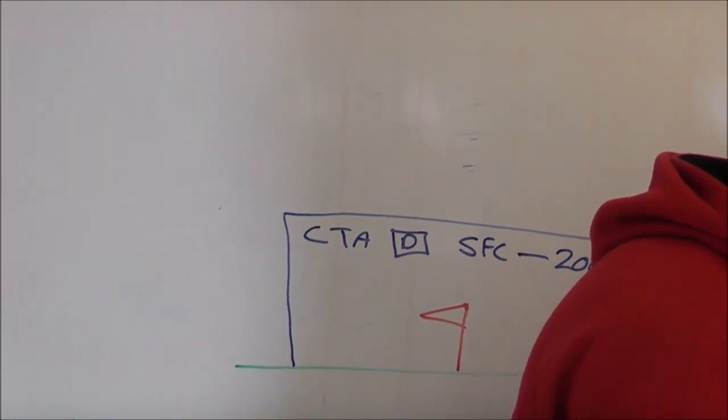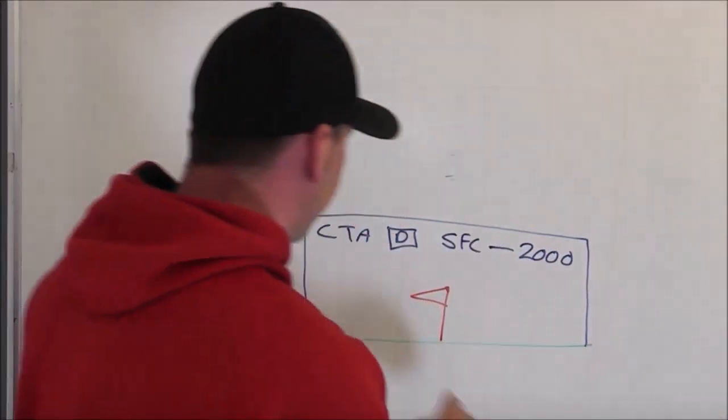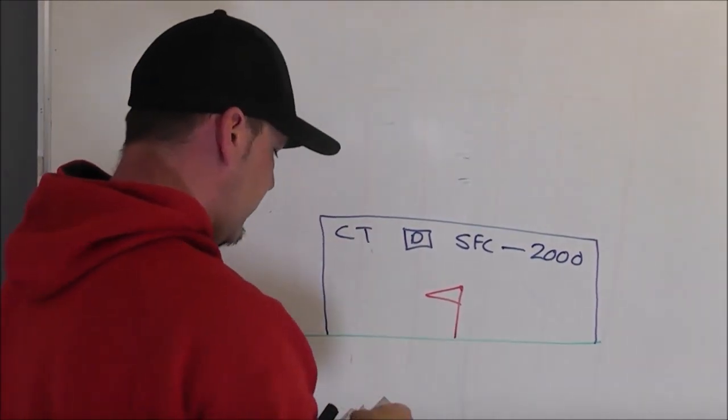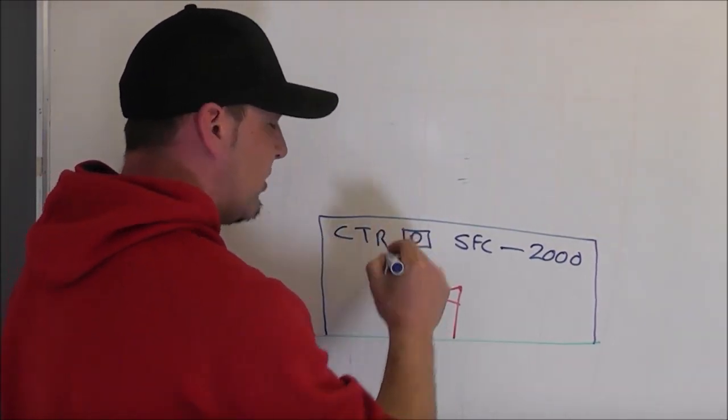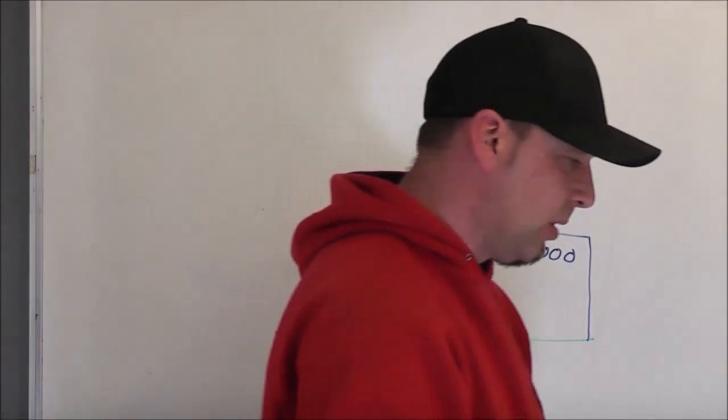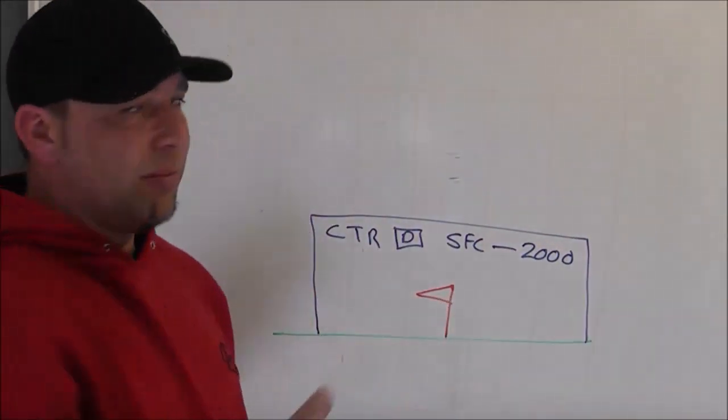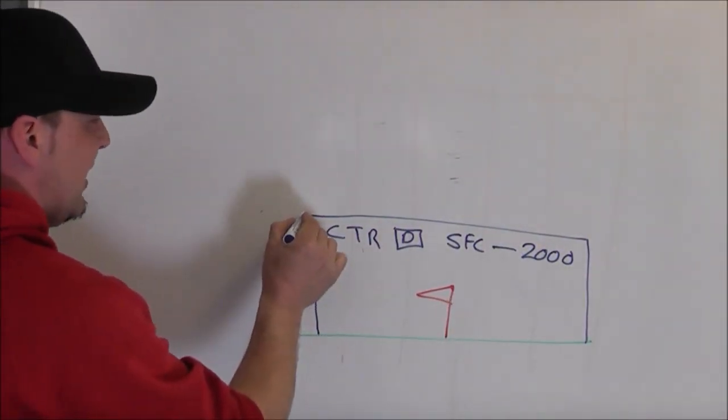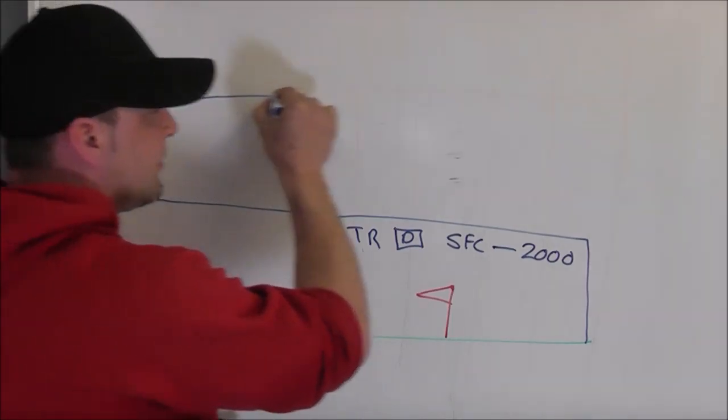Now above that, that will be a CTR, control zone. Above that is where you would find the CTA. The CTA would be slightly larger.